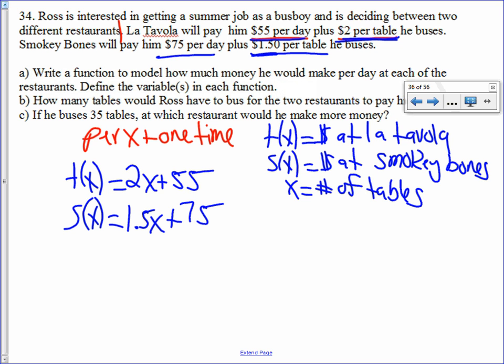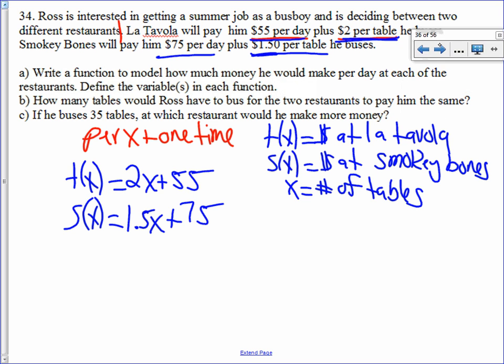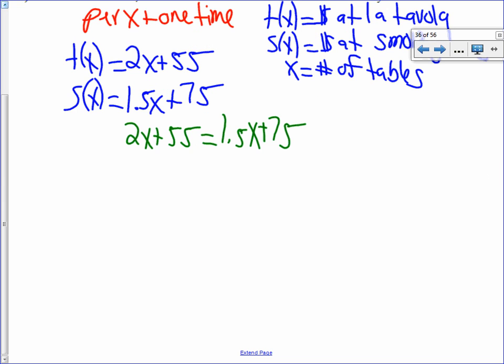Part B, how many tables would Russ have to bus for the 2 restaurants to pay him the same? Well, same means equal. So we'd have to set 2x plus 55 equal to 1.5x, whoops, 1.5x plus 75. Solve the equation.